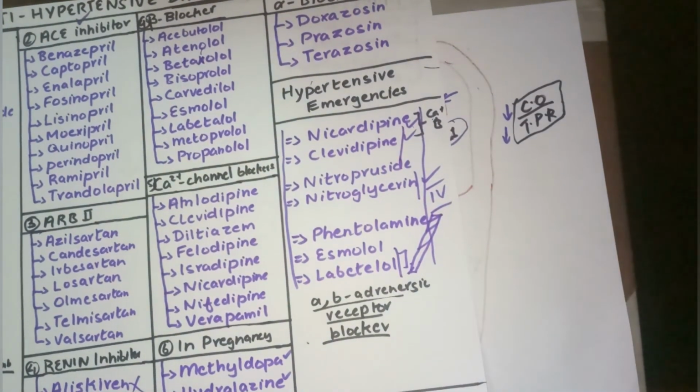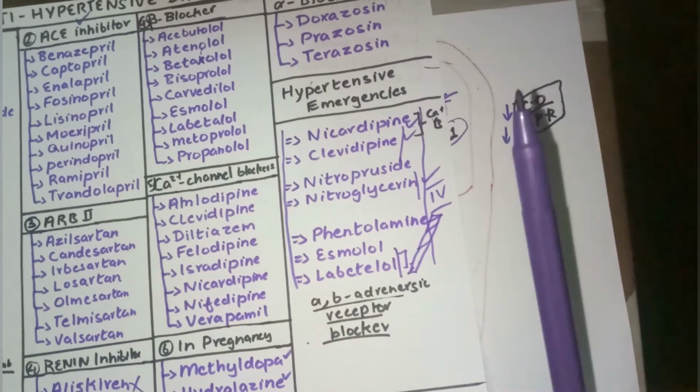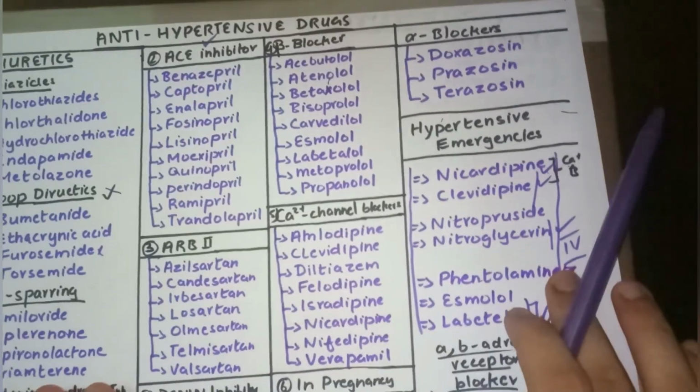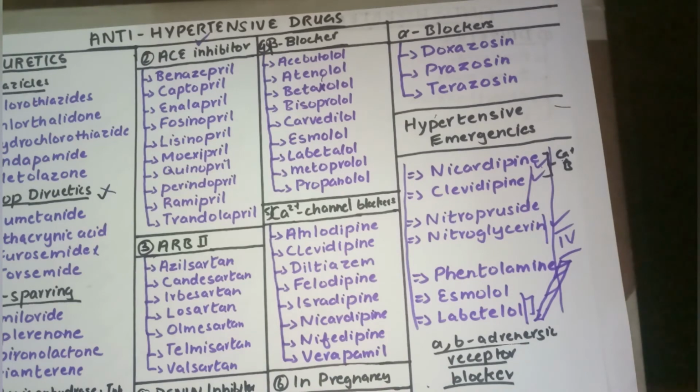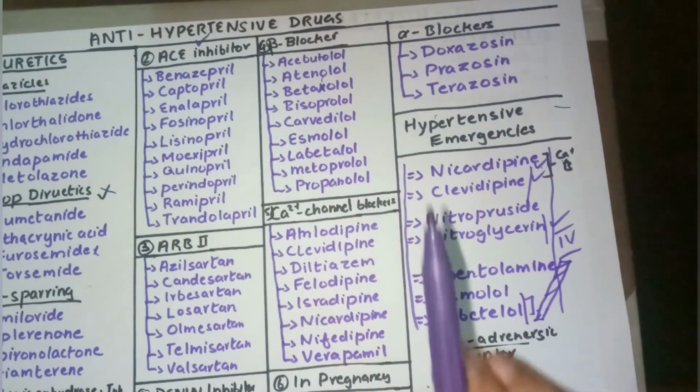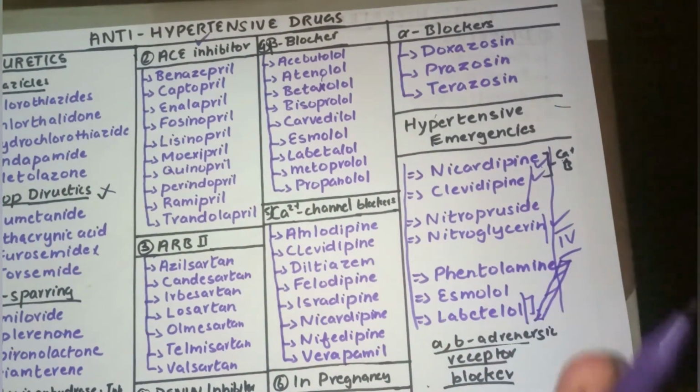Any of these can be used intravenously in a severe hypertensive emergency, because if someone comes to you and really wants his blood pressure to go down for just 1 day or 2 or 3 days, you can do it, but it is not the type of drug for long-term use, because hypertensive drugs should be used for a lifetime. If someone has hypertension, he must use those drugs for his whole life.